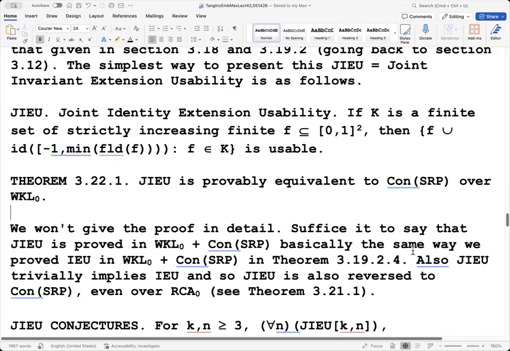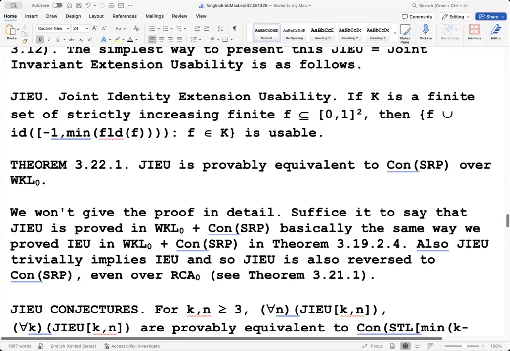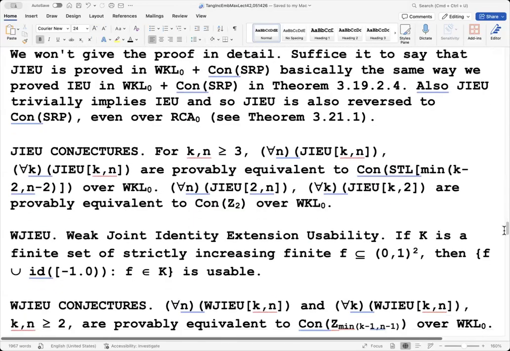So the JIEU conjectures just say that jumping to a joint from a single function doesn't really buy you any difference in strength. That's basically what this is saying.